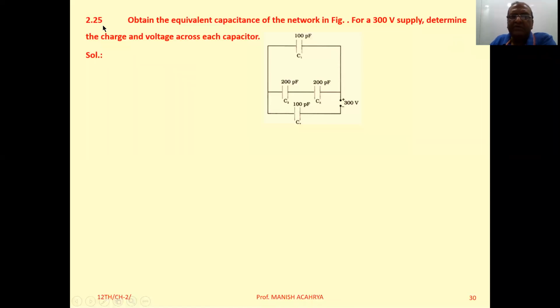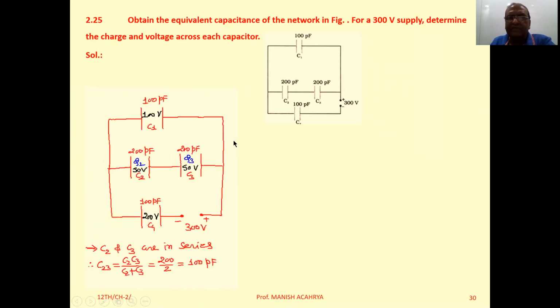Example 2.25. Obtain the equivalent capacitance of the network in the figure. For a 300 volt supply, determine the charge and voltage across each capacitor. Now see here, the circuit given to you has 4 capacitors.